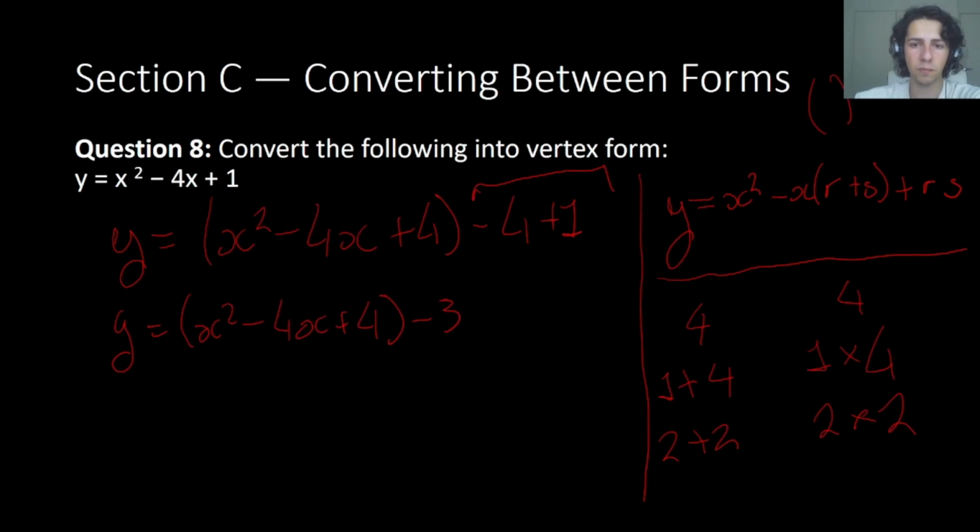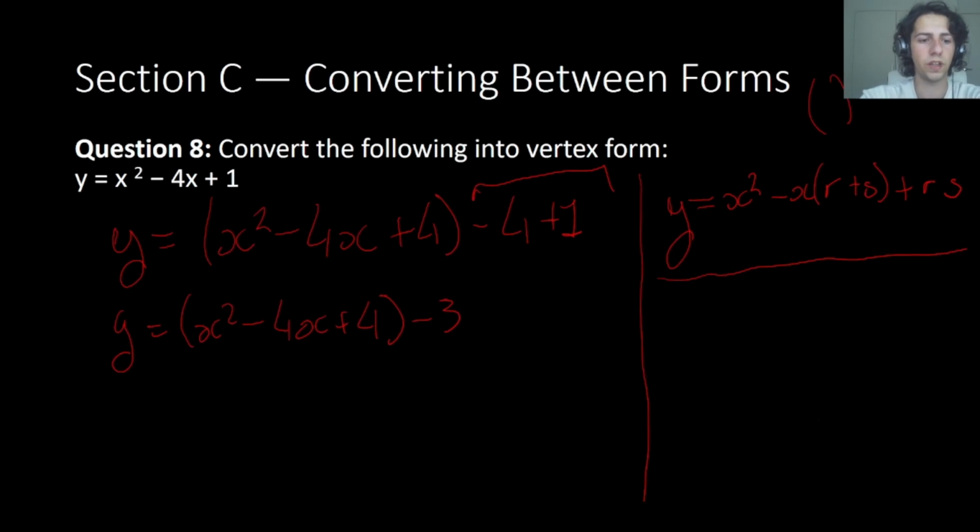So if we keep that in mind, we're going to have r equal to 2 and s equal to 2. So if we remember the factorized form, we're not going to include the a coefficient, because as we know, the a coefficient is 1. It's not really going to do anything.